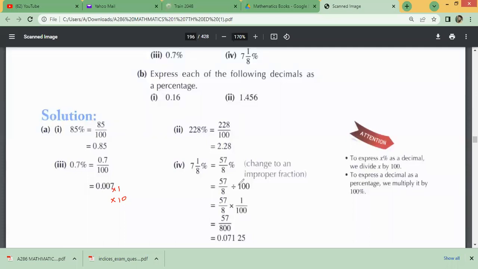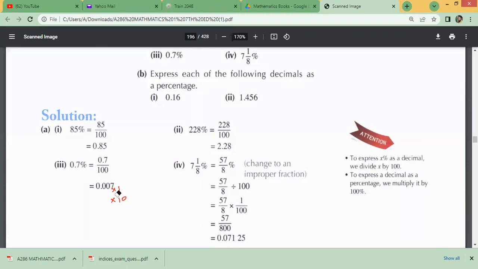So divide by 100 changed into multiply by 1 over 100. So we can simplify it. It is 57 upon 800, and we can just divide it and we get 0.07125. Okay, next part.